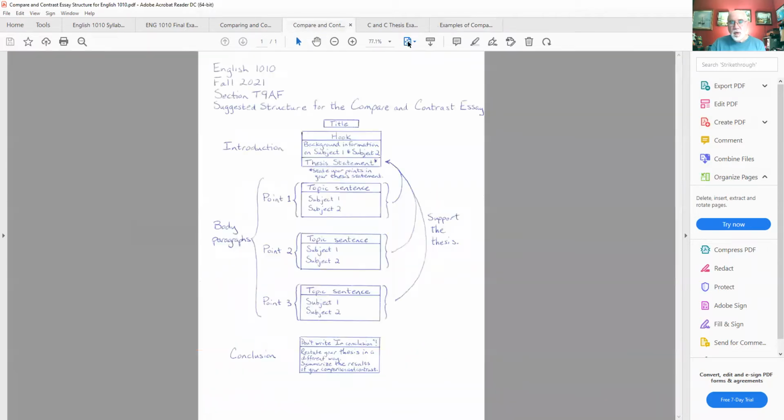You remember this, right? It's the same format as what we formerly called our compare and contrast essay, which is due on the 12th, Sunday the 12th, 11:59 p.m.